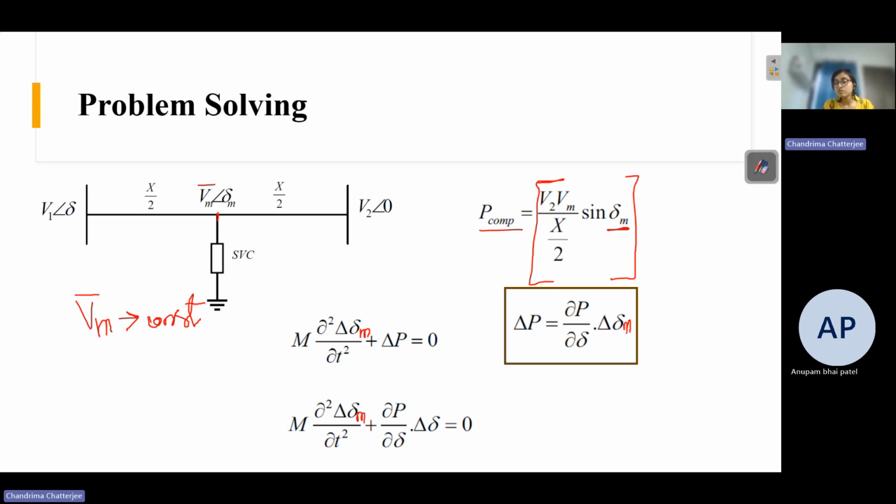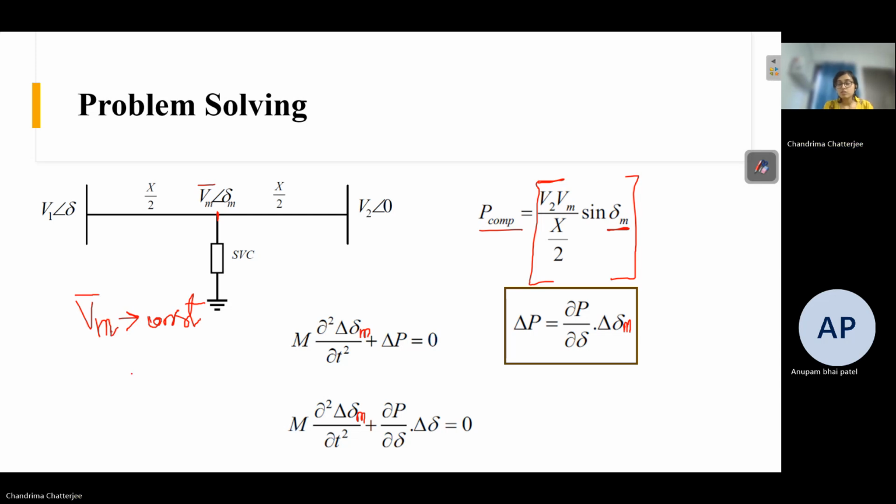So again, you will get a marginally stable system, and the system is undamped. There is no damping. That's why, if we want to damp the oscillations, we can't maintain Vm constant. We will have to vary it.